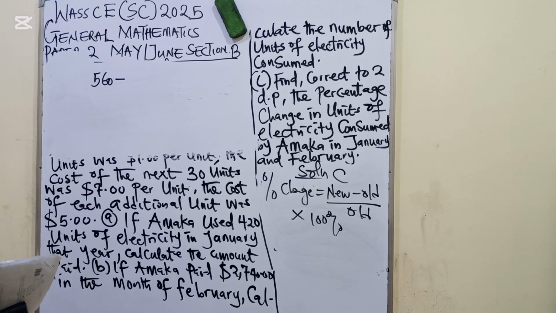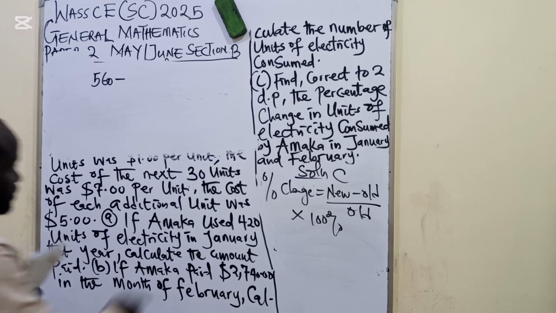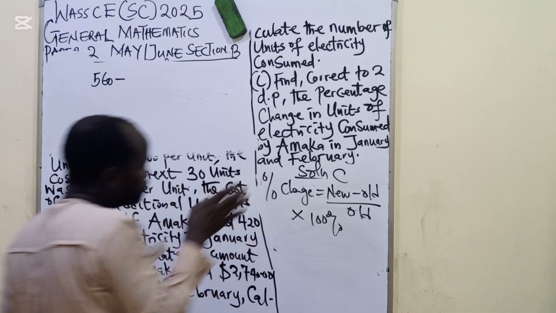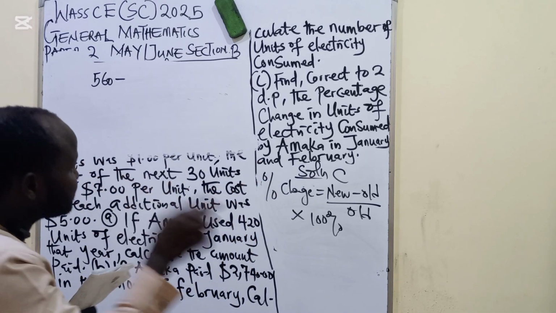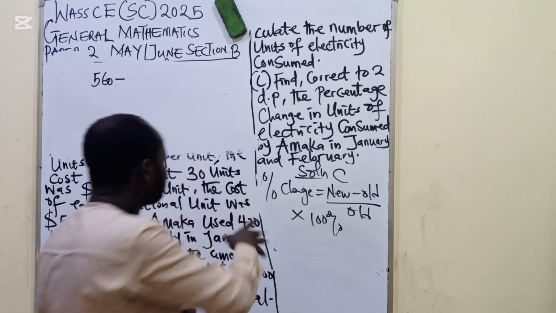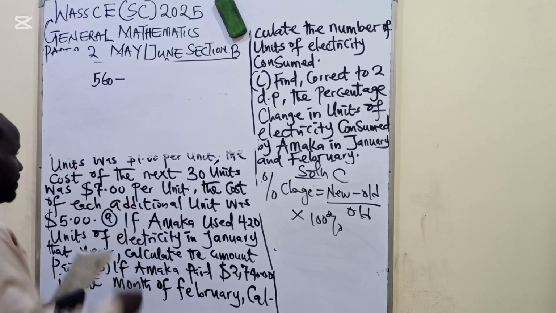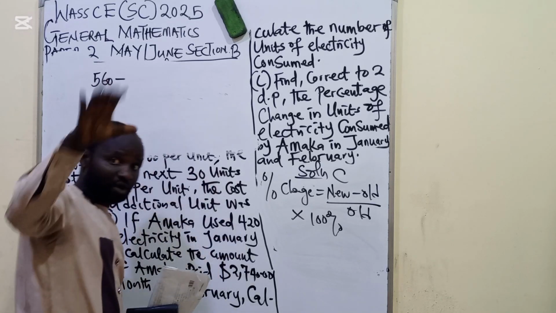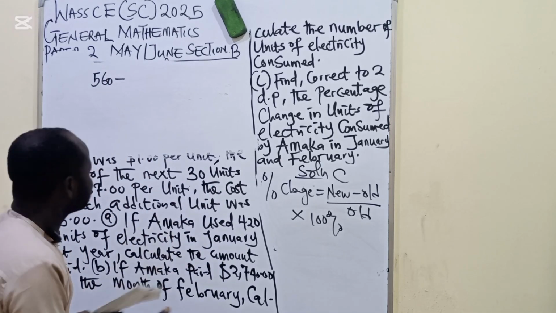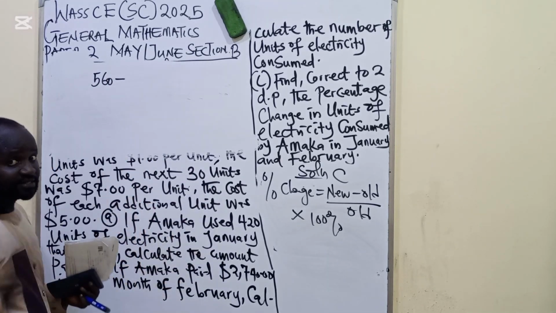Amaka used 560 units in February and she used 420 units in January. So the old is now 420 units. The new is 560.